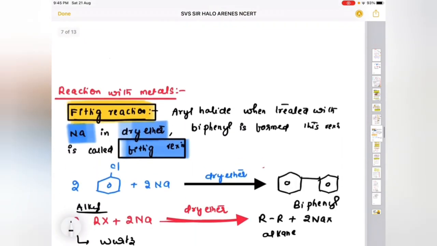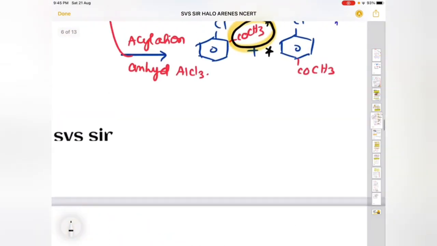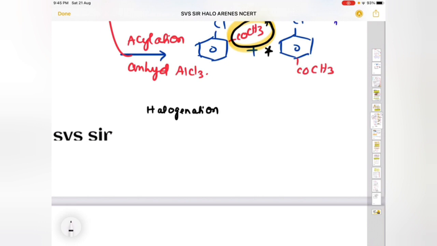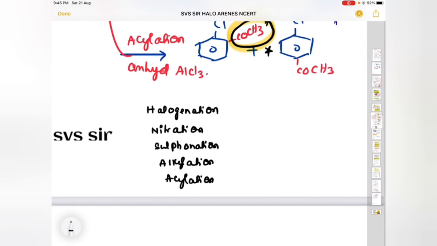Very important. So let me discuss here. The first one, this is common for electrophilic substitution reactions: halogenation. Next we are going to discuss nitration. Next, sulfonation. Next one is alkylation. Next one we are discussing acylation. And always remember, in halogenation Cl plus or Br plus is acting as the electrophile.